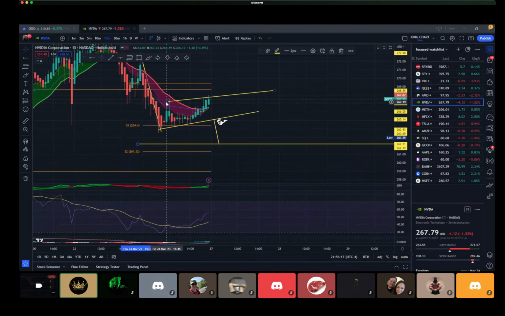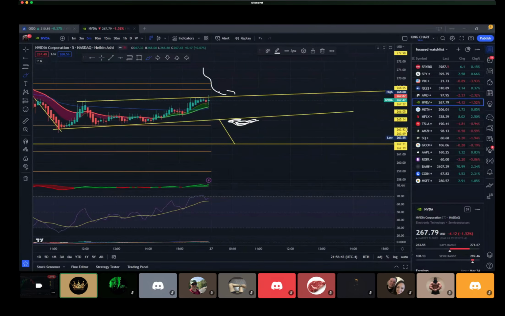I'll invalidate the move if it breaks above the trend line. If we get a break here, I'll give it like 2 candles. If we get a huge green candle, then obviously it's invalidated. I'll erase it from my chart and start fresh and look for another move.